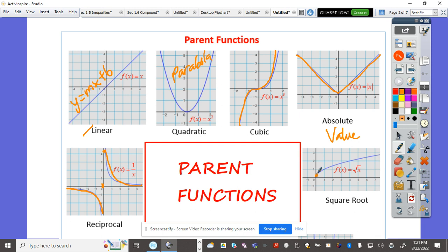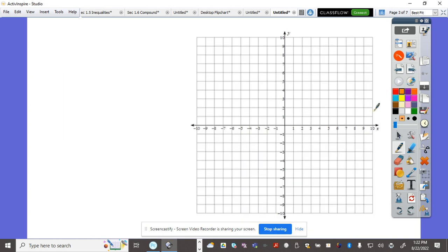And the square root, so it's like a letter R. And there are more: the constant function, logarithmic and exponential, natural log, those things. But we're going to focus on these six for now.